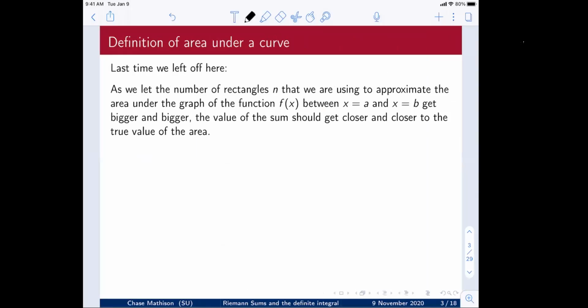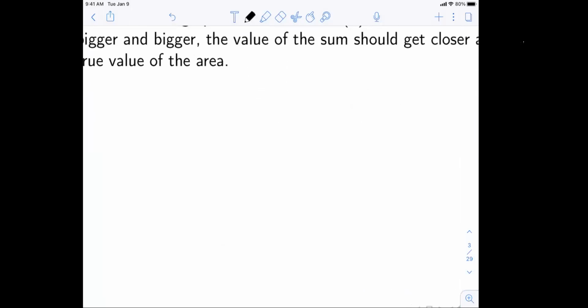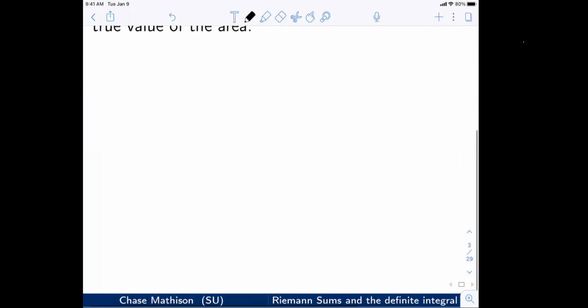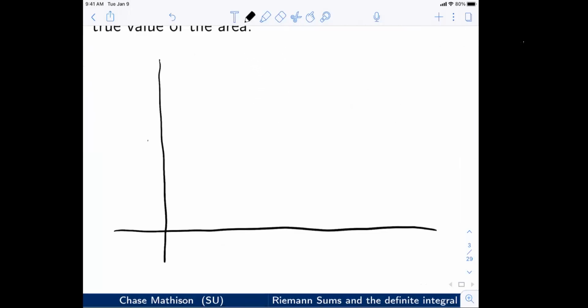So let's remember what we were doing last time. Last time we were talking about how we want to find the area under some curve. First, we're assuming the curve stays entirely above the x-axis. Okay, so this is not the last time I'm going to draw this general curve, but here's again the situation. So I've got some function.